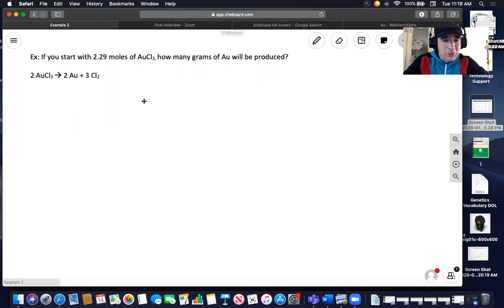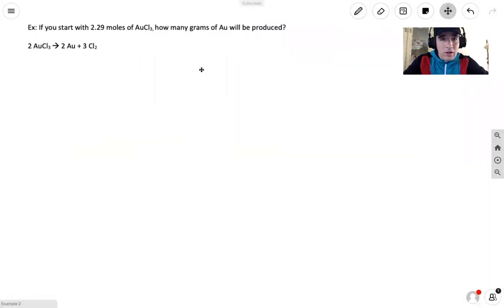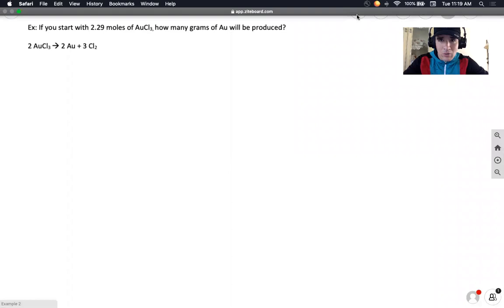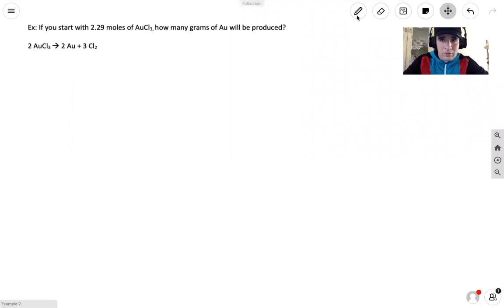All right, so if you start with 2.29 moles of aluminum gold trichloride, how many grams of gold will be produced? Let's go full screen here. All right, so same exact equation. Let's map out what we are going to do here.